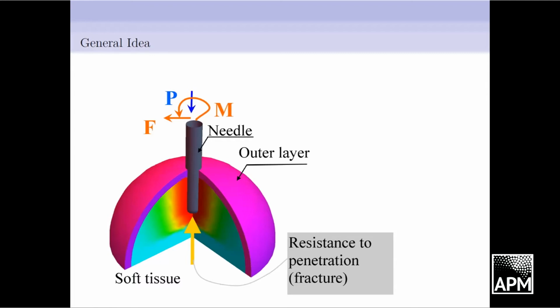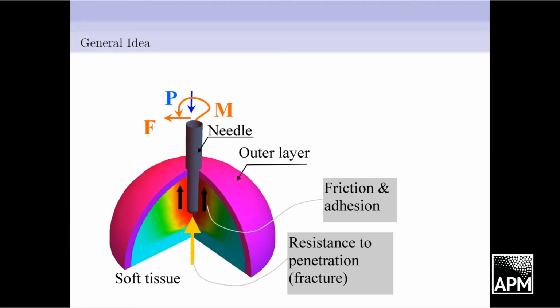The first one is the resistance of penetration that relates to some fracture of the tissue. And the second is some resistance that appears due to friction and adhesion on the cylindrical boundary of the needle. So it's important now to take into account these factors and to model the mechanical process of the penetration of the needle into this biological system.